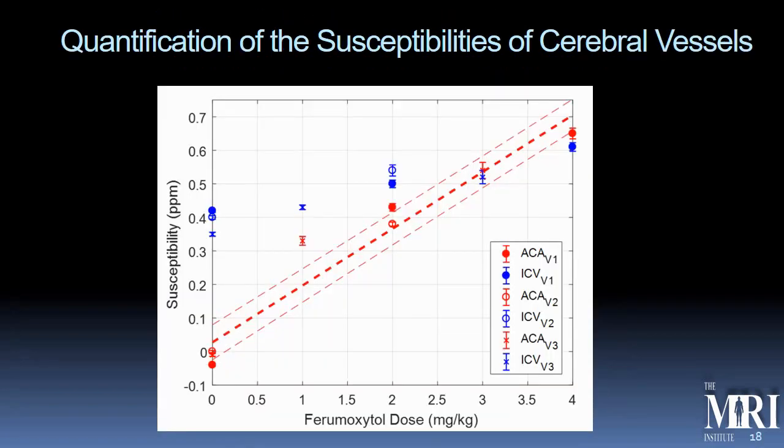Finally, we measured the apparent susceptibilities of the anterior cerebral artery and the internal cerebral vein. We found that the measured susceptibilities of the arteries agreed well with the predicted values using the relationship we determined in the phantom studies. But the measured susceptibilities of the veins were underestimated. This could be due to phase aliasing and the increased effective vessel diameter.